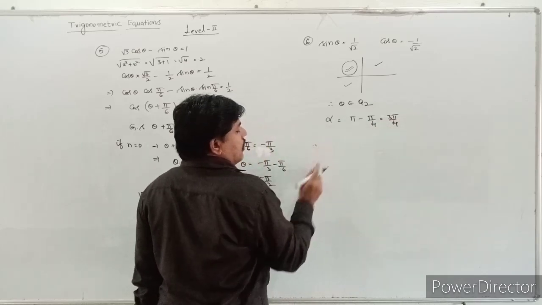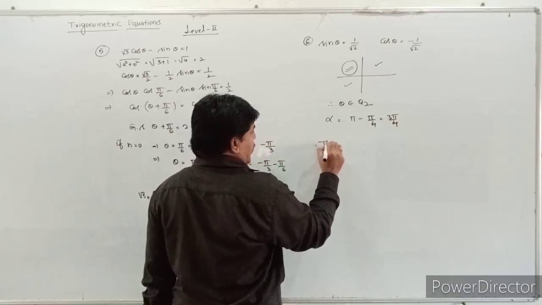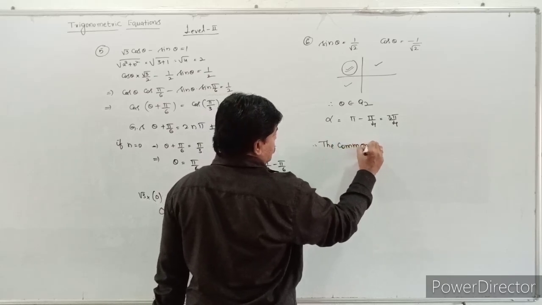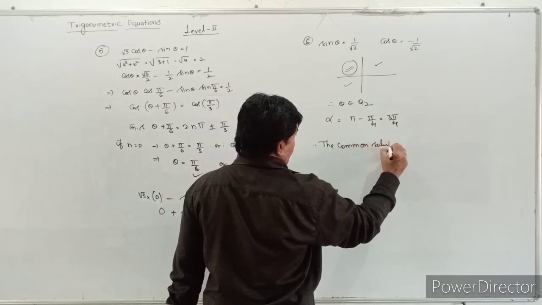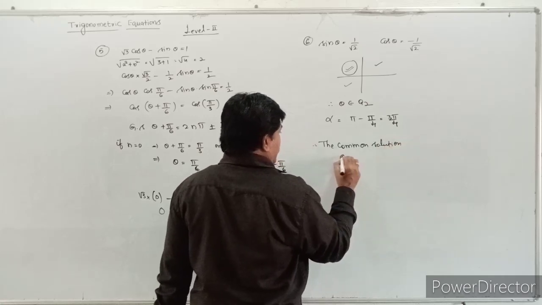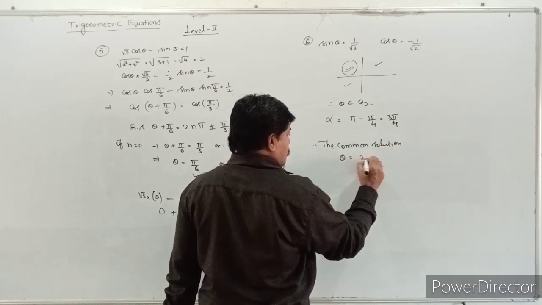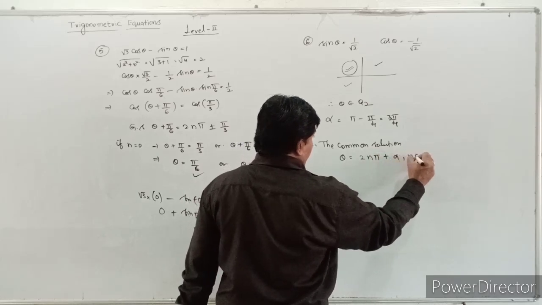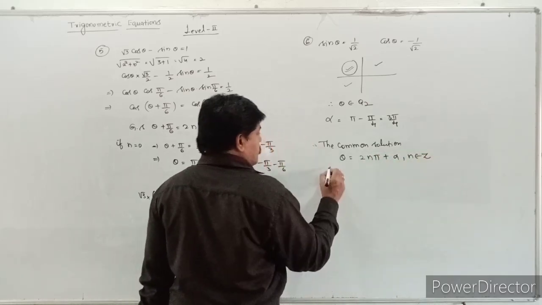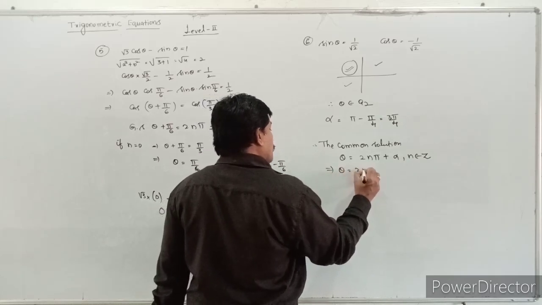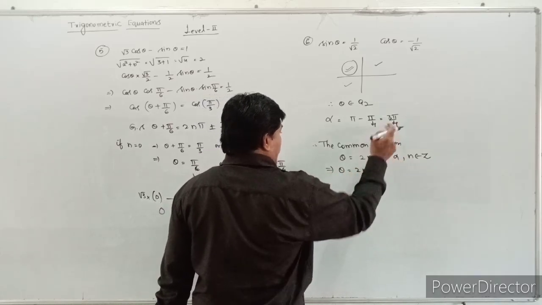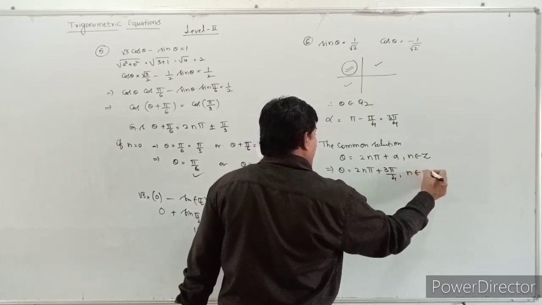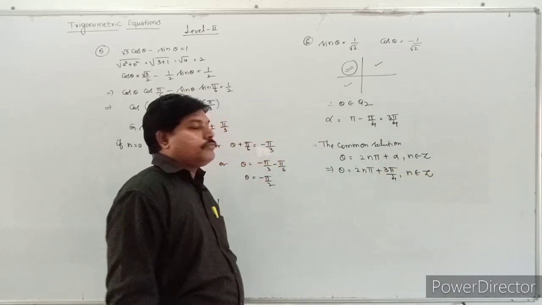So therefore the common solution, theta is equal to 2n pi plus alpha, n belongs to z. So theta is equal to 2n pi plus 3 pi by 4, n belongs to z.